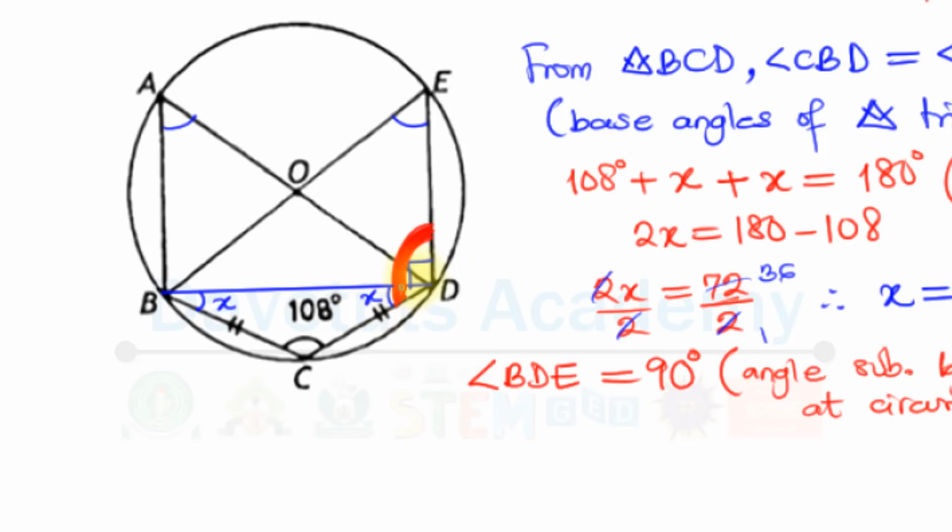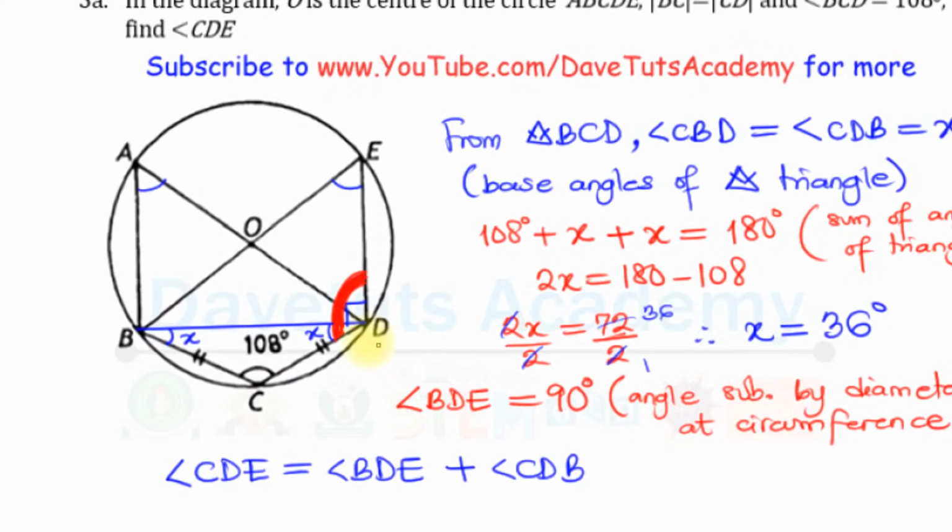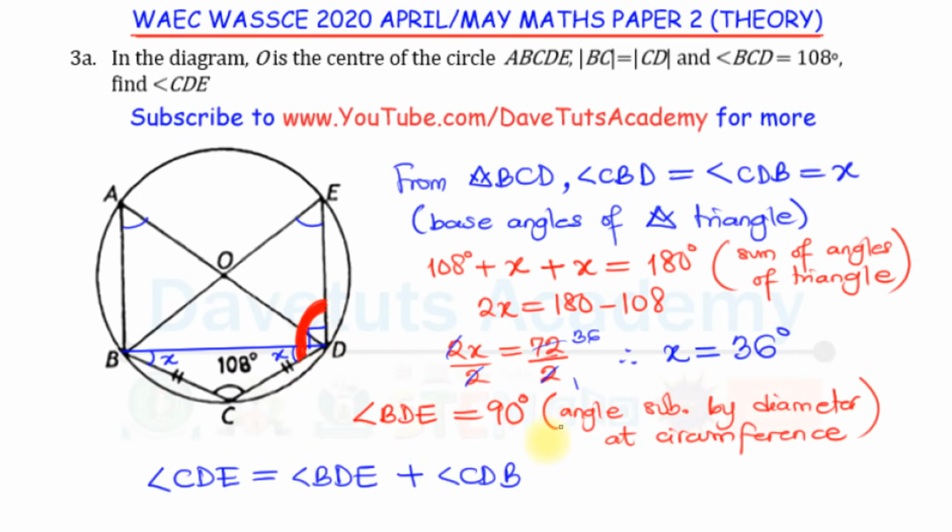First, it is x plus 90, so I can say that the angle CDE that we are asked to find from the diagram is equal to angle BDE that we just evaluated to be 90 plus the angle X, which is CDB. Those are the two angles that constitute that angle we are asked to find.